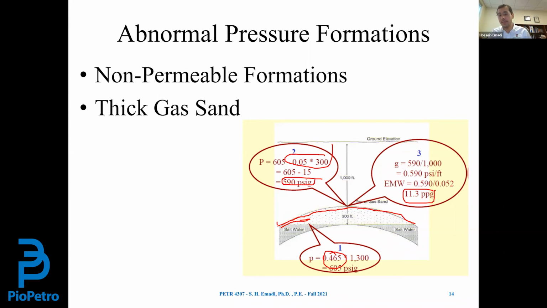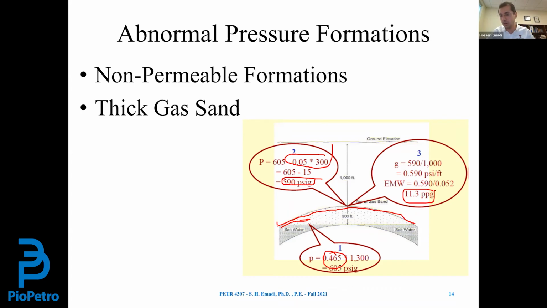The third one is the type of the formation. Is it gas or oil? Obviously, gas is the most dangerous. Why? Because gas expands when it enters the wellbore. So basically, it pushes the drilling mud out of the wellbore, making the well progressively more underbalanced.